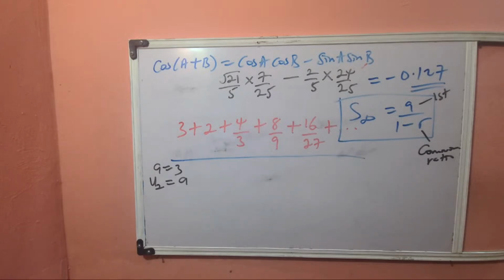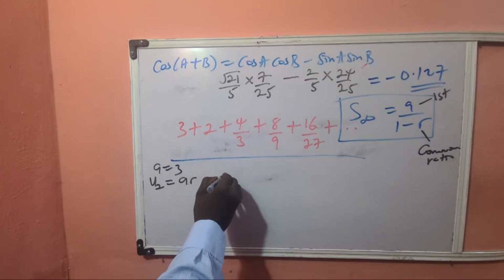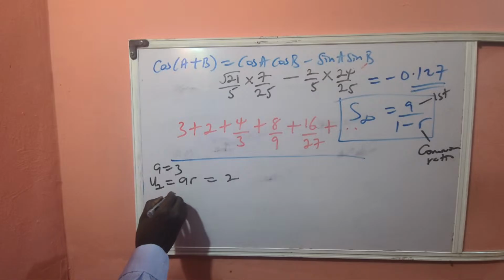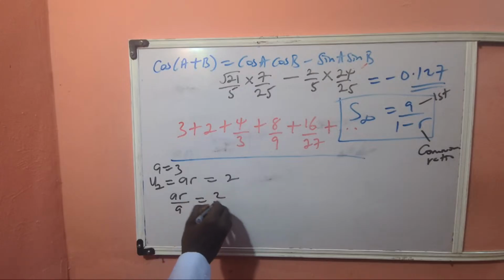So I'm going to be using the general formula, and I know that my U2 is going to be AR, and this was also 2. So just from here, I can get my common ratio, because if I go on to say AR, which was U2, divided by A, that would be 2 over 3. So that's how you find the common ratio.